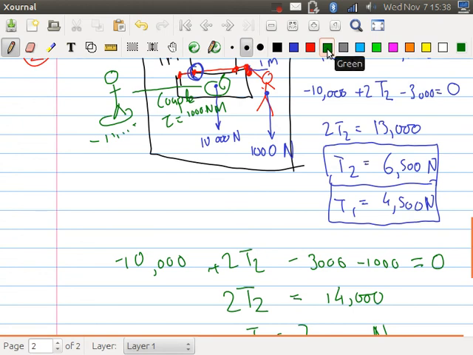Can you all picture what happens? You have the window cleaner. The man is holding on. What's the tension in T2? 6,500 newtons. Then your teacher comes along. Let's pretend this is the window cleaner, and the man is hanging here. And I come along and I grab it and try to turn it.